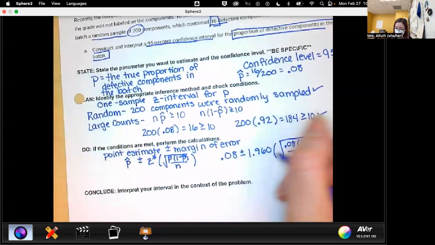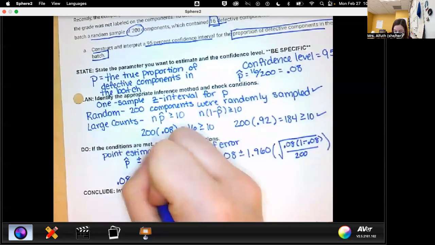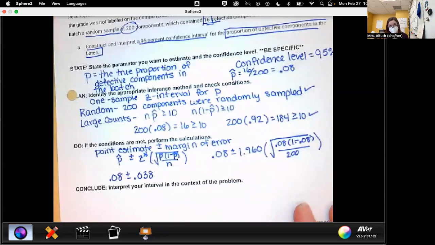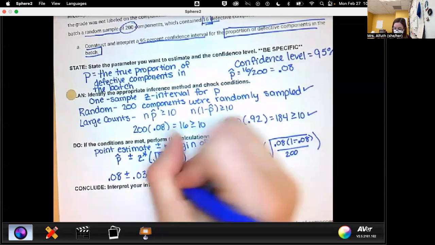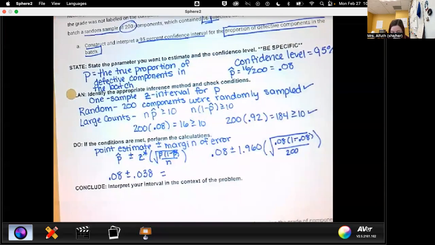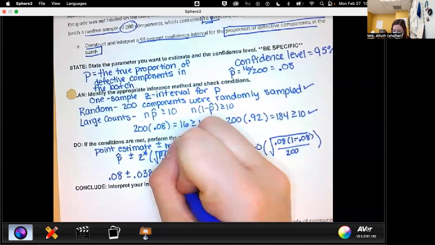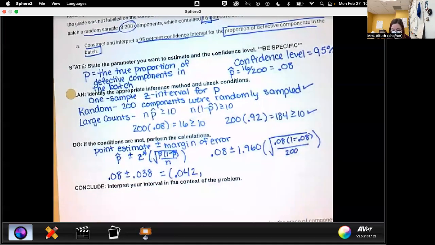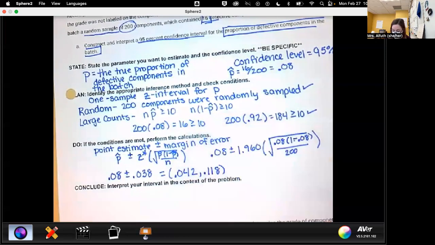So that's going to be 0.08 plus or minus 0.038. I just put that margin of error part into my calculator, and then I'm going to do this calculation. I'll do the subtraction first, 0.08 minus 0.038, which is 0.042, and 0.08 plus 0.038, which is 0.118.